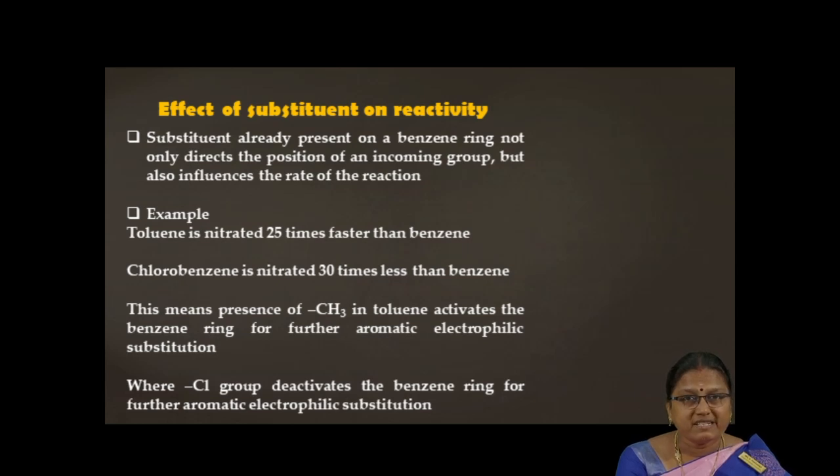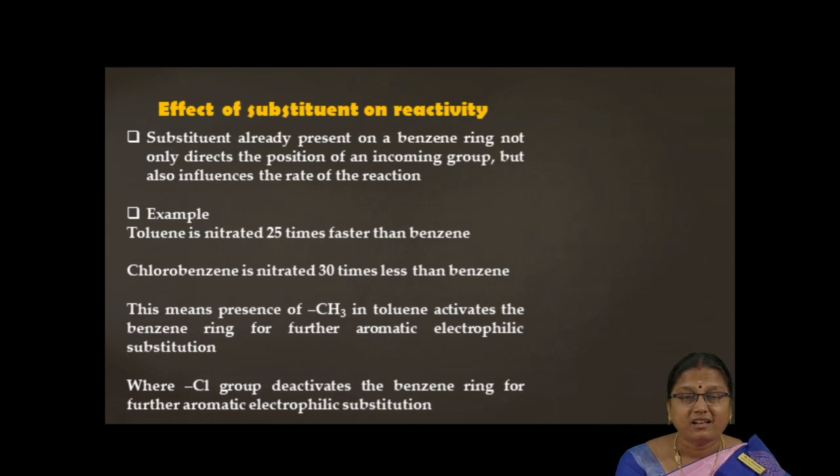Even though chlorobenzene is ortho-para directing, upon nitration it forms the product at a slower rate compared to benzene. For this second example, comparing the nitration of benzene and of chlorobenzene, chlorobenzene is nitrated 30 times slower than benzene. The reason is the activity effect. So the activity effect operates here.